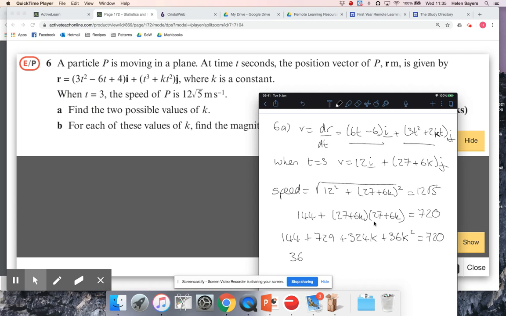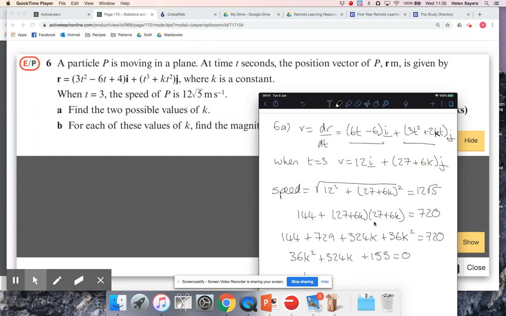My squared term is 36k squared, then I've got 324k, then 729 plus 144 minus 720, so plus 153 equals 0. I'm going to be super lazy and put that straight into my calculator. A is 36, B is 324, C is 153, and I'm getting two negative values of k, but I think that's fine.